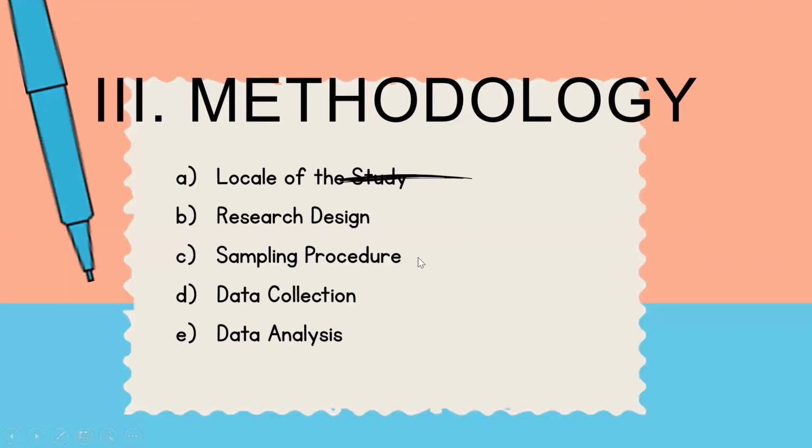For sampling procedure, again, we have the probabilistic and non-probabilistic. The data collection should be categorized into two. We have the primary and secondary data. When we say primary data, those are data collected by the researcher themselves. So it could be in the form of questionnaire or interview or one-on-one data collection.